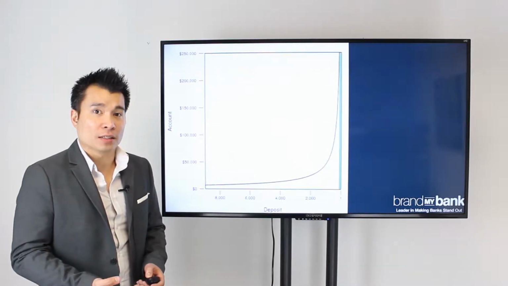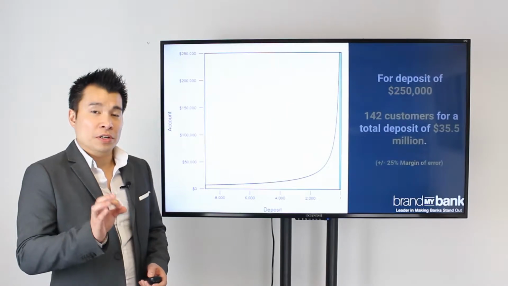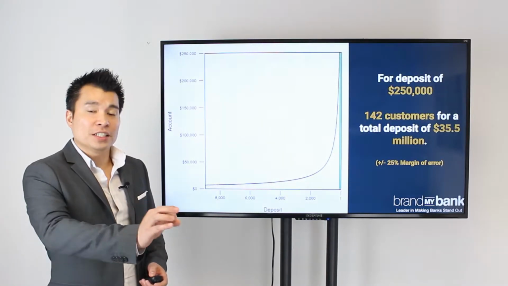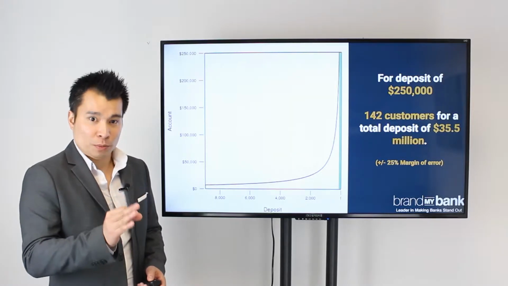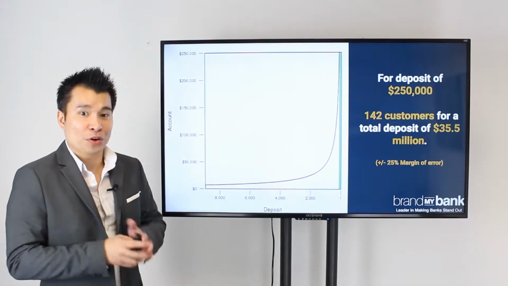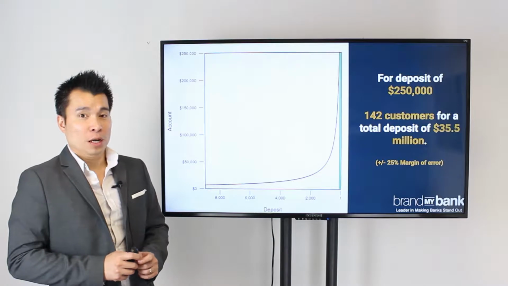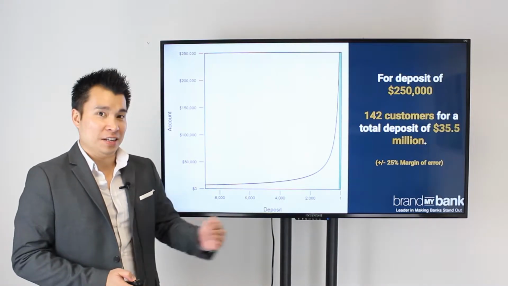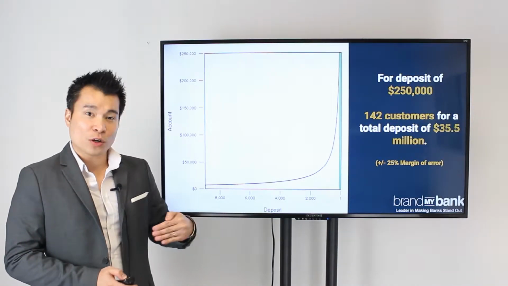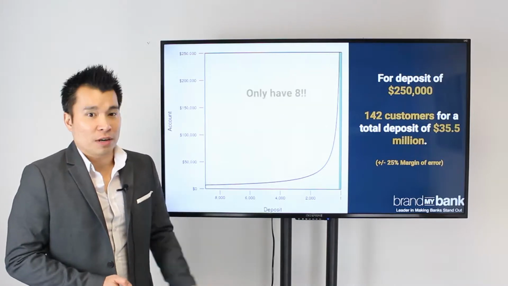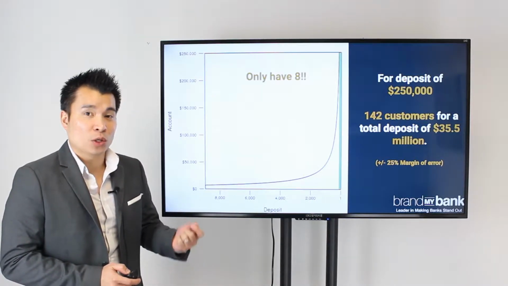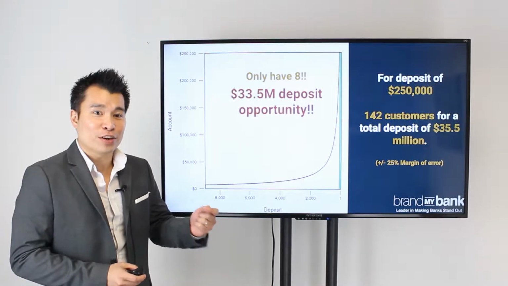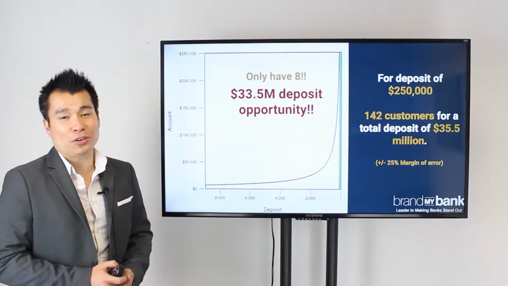What I found out is that when I used the $250,000 mark from Chase, they should have had 142 customers for a total deposit of $35.5 million. But when I review the data and see what's going on, I only found eight customers. So what does it mean? It means that they are leaving $33.5 million on the table.